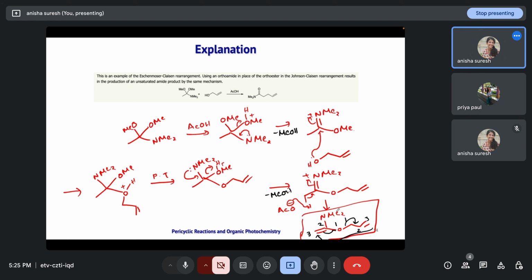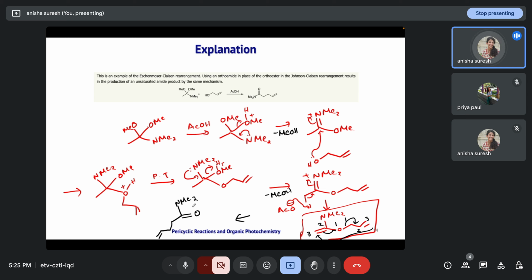Okay. Yes, understood. Now, after undergoing a 3,3 sigmatropic rearrangement, what is taking place? So, this is our NMe2 double bond O, and here a CH2. Here already one CH2 is there, again one CH2, second CH2, like this.